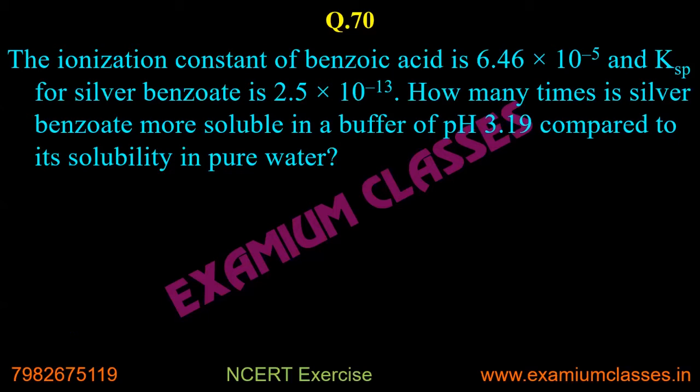It requires around 15 minutes to solve, and because it is more than a 5 marks question, it does not appear in your paper. The smaller questions related to buffer are there in your assignment, and that is something I'll explain. So for now, I'm skipping this one. But in future, during the next revision, we can do it, and by then you will have sufficient knowledge to understand it very clearly.